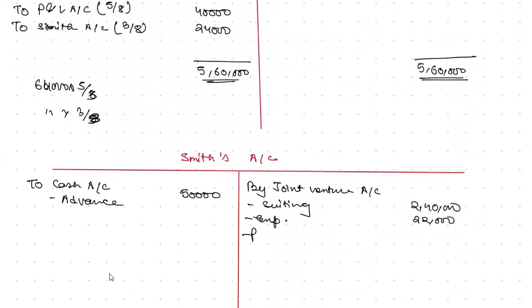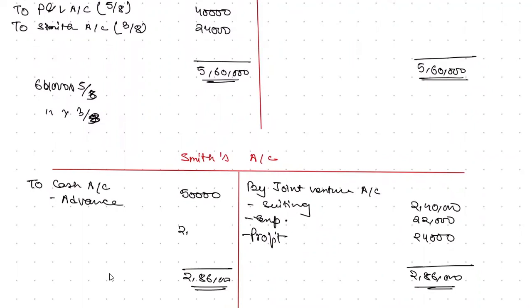Plus your profit as well, 24,000. So tell me how much it comes to. 2,86,000. Yes sir. On this side 2,36,000 will come. What actually is this 2,36,000? Balance. Balance paid or received?